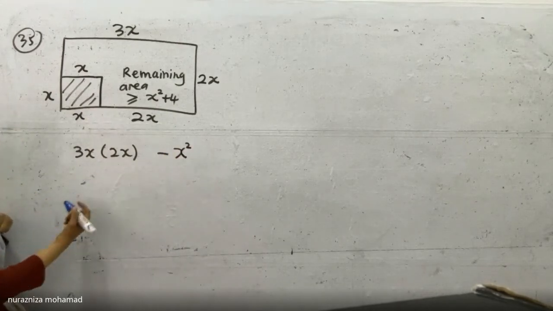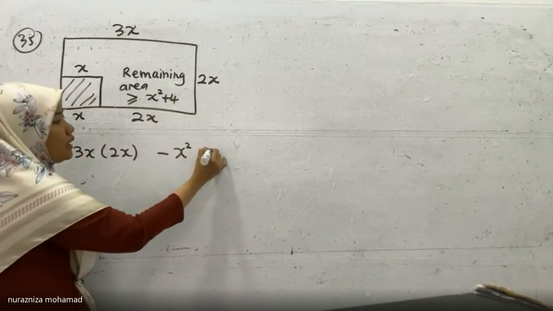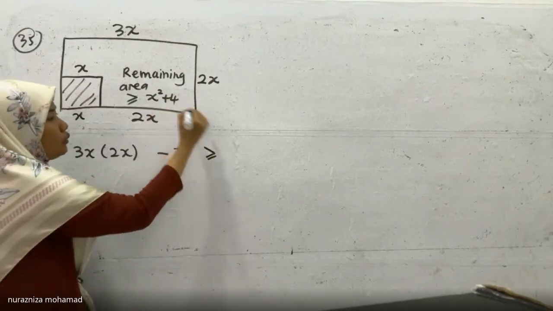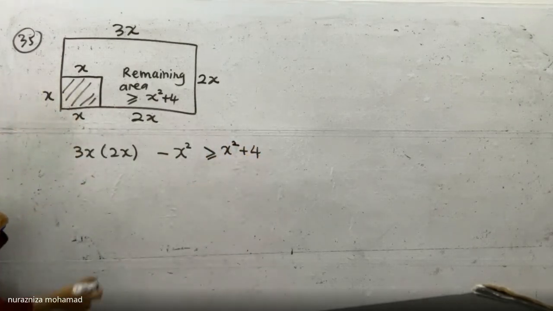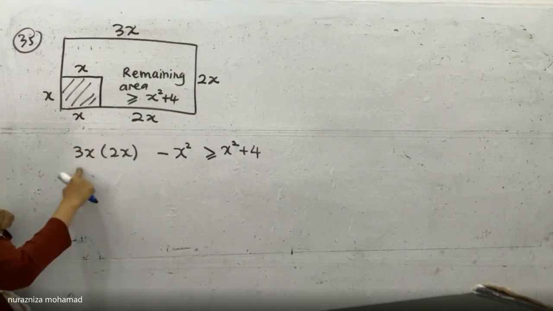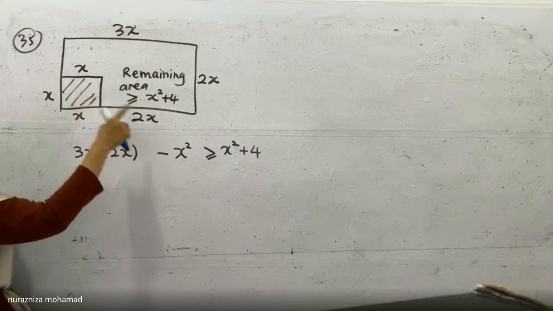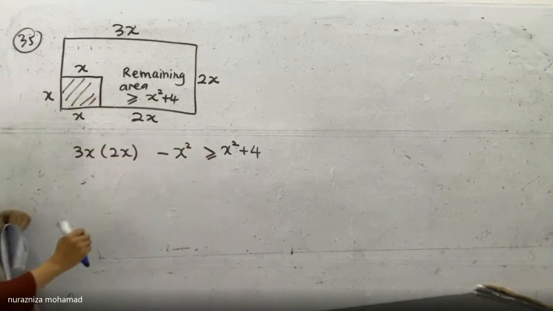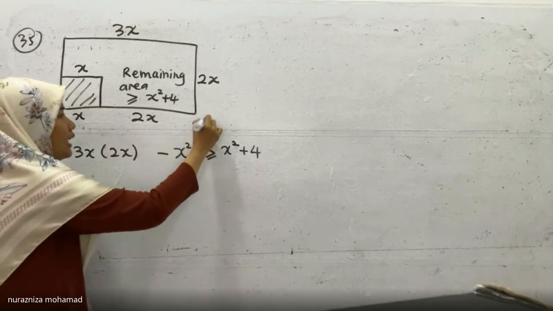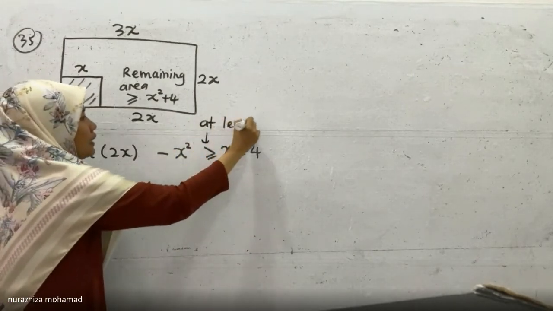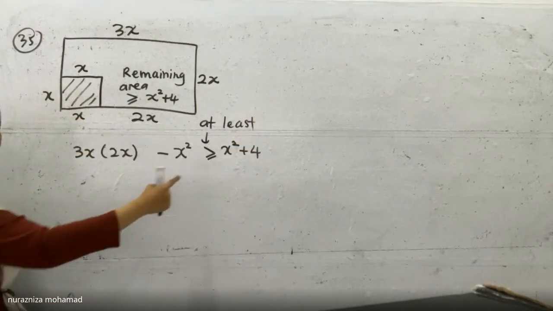Okay, that is the remaining plywood that is greater or equal to x squared plus 4. Okay, this is the area of the whole plywood minus the area of the one that we cut. So this is the remaining. Okay, greater or equal because the keyword is at least. Okay, so we do not put down equal. We put down greater or equal.